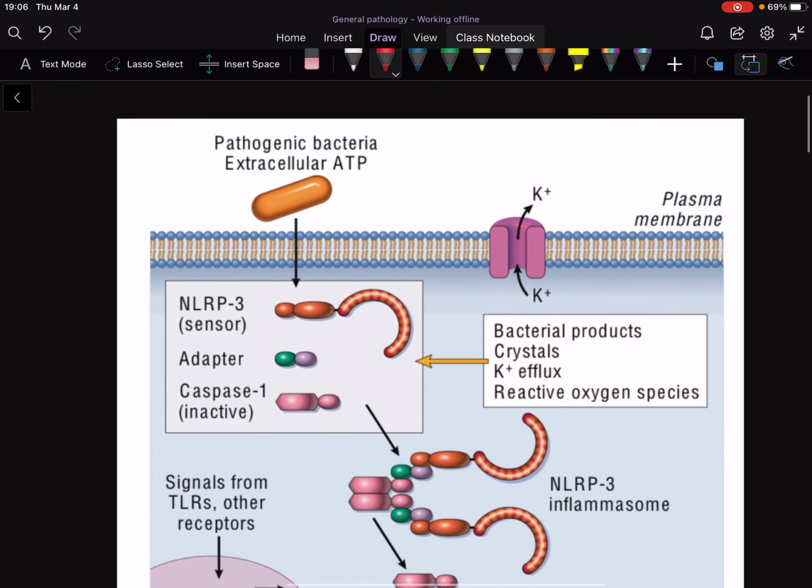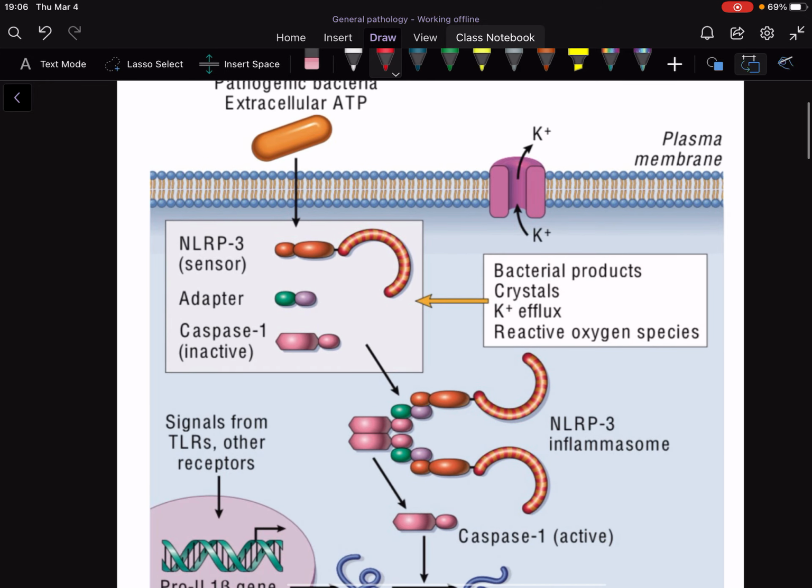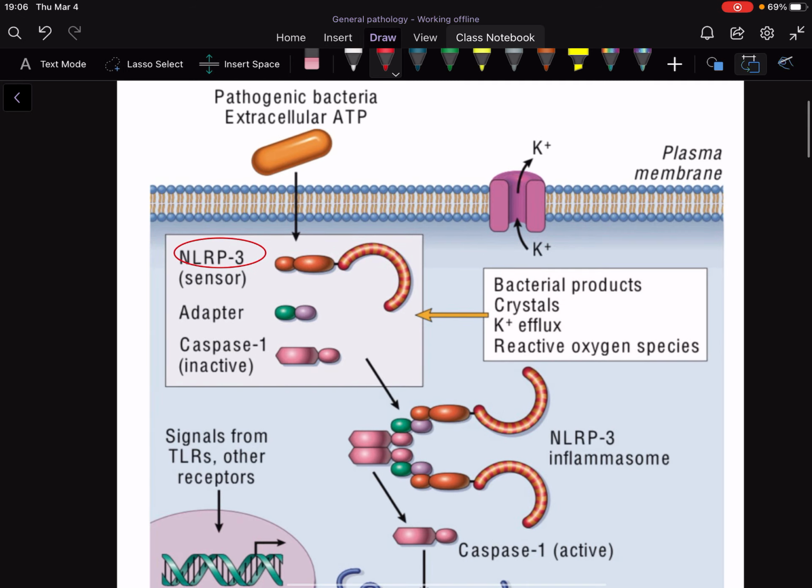Here are the NOD-like receptors. As you can see, a NOD-like receptor is a multimeric protein complex. It consists of a sensor, so this is the sensor here, this is the adapter, and it contains an inactive enzyme called caspase 1.